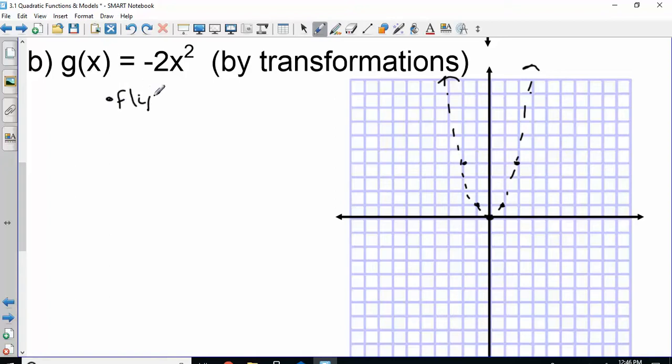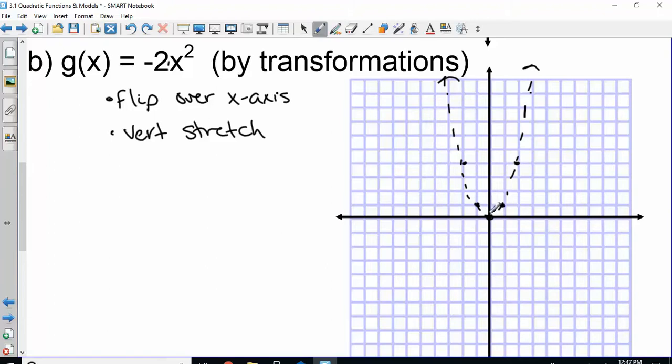What does a negative do? It's out in front, so we'll flip everything over the x. And what is that 2? Another way to think about it, outside is y and it does what it says. So this has multiplied by negative 2 on the outside.